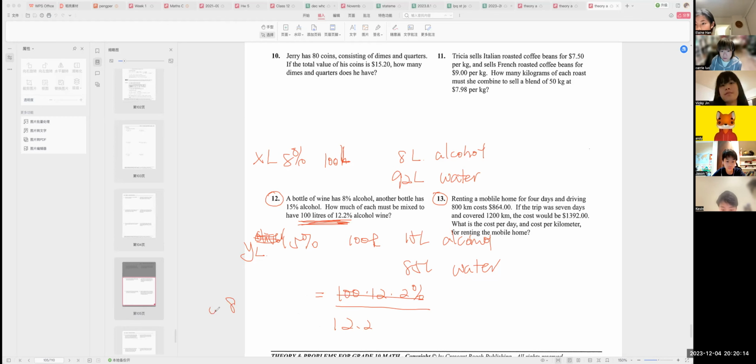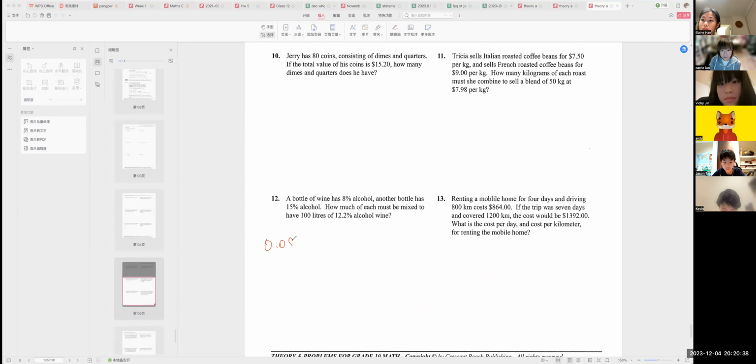So 0.08x plus 0.15y should equal 12.2. On the other hand, the sum of their liters should be 100, so x plus y equals 100. Correct, everybody? So we have two equations: 0.08x plus 0.15y equals 12.2, and x plus y equals 100.